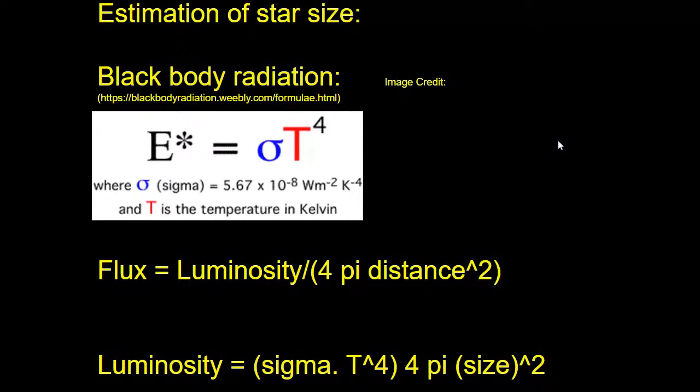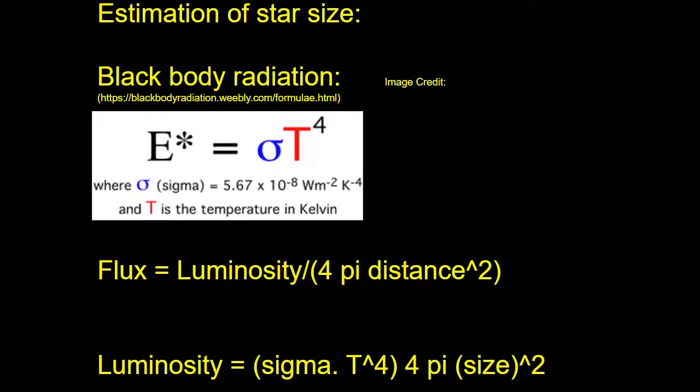Hence, the assumption that a star is approximately a spherical body is a good assumption. So 4 pi r0 square is a good estimate of the surface area of the star.